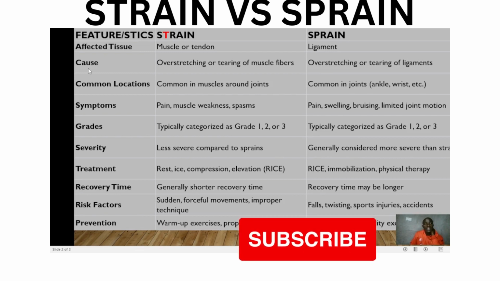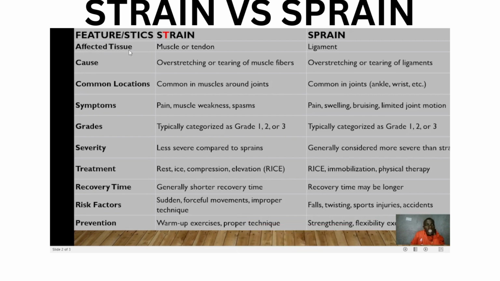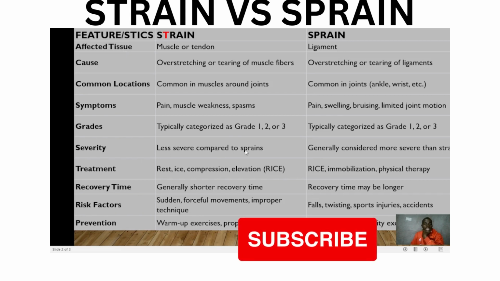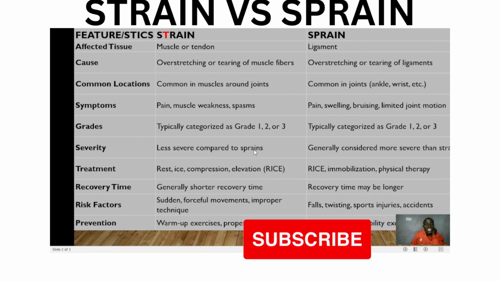But this one is more of the difference, because it's the one that shows the affected part. The severity may vary, depending on the degree of the sprain.